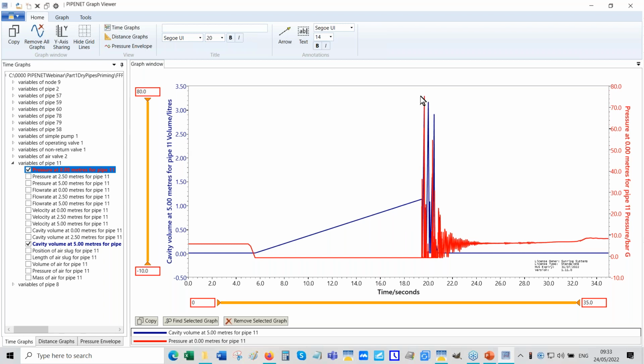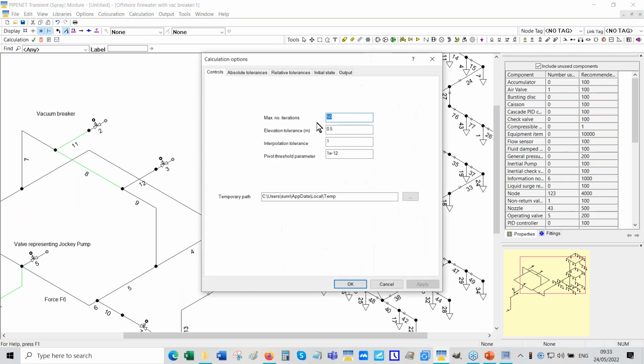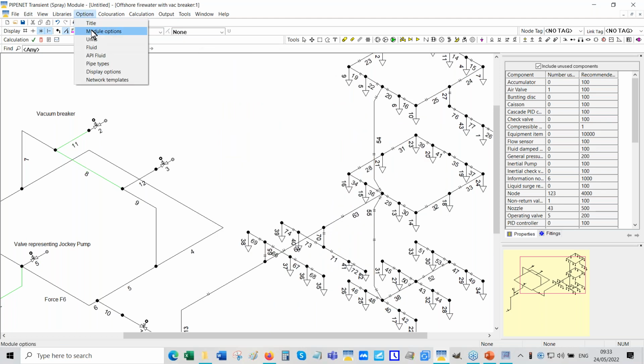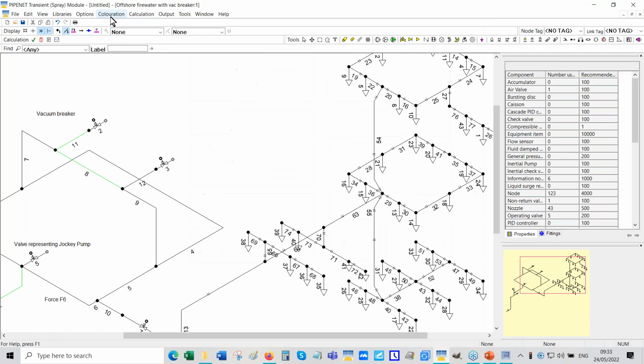didn't show that 131 or whatever it was, because of the graphical output time step of 0.2. The calculation time step is probably smaller than that, okay? And by the way, this is a very, very important point, and I must point this out.